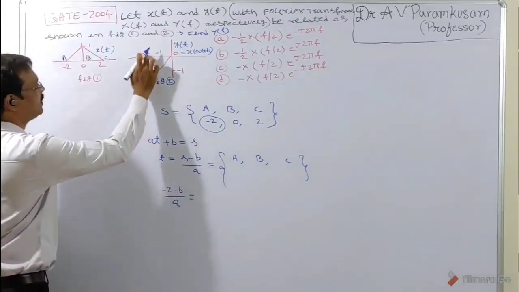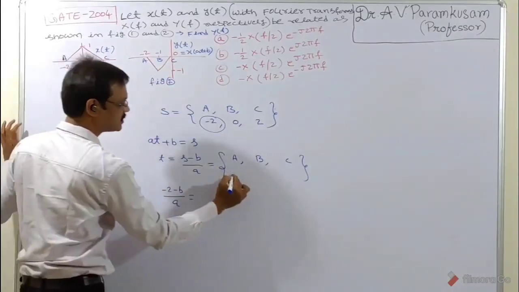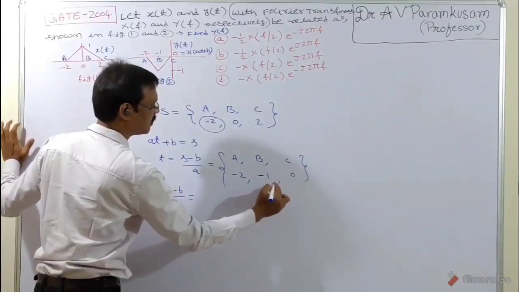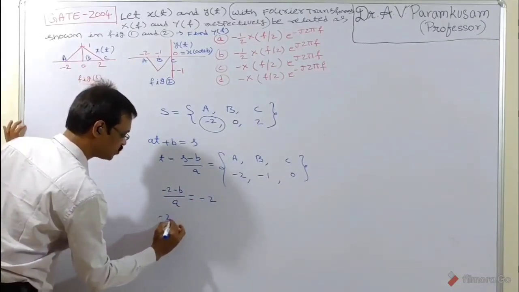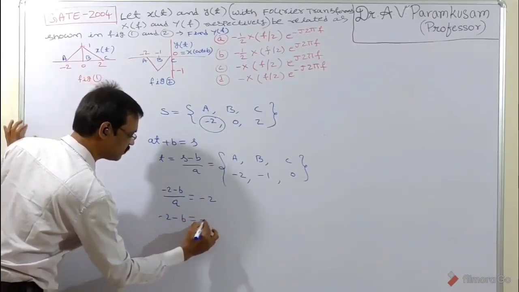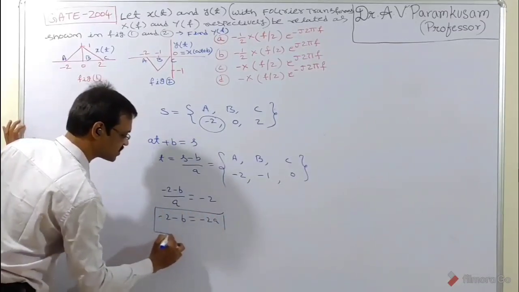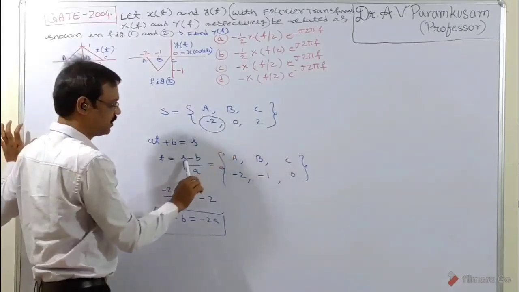What is the a point here? Minus 2. This is a, this is b, this is c, so the points are minus 2, minus 1 and 0. So minus 2 minus b is equal to minus 2a. This is one expression. Let us substitute 0 in place of s.